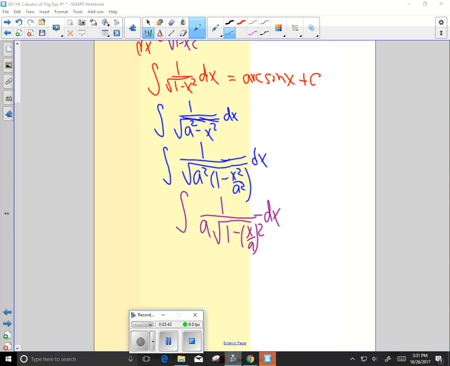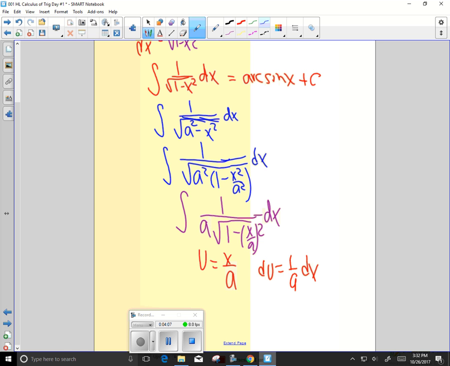Now I'm going to do a u sub with this. I'm going to say that u is equal to x over a. See how that x over a? And then the derivative of u, 1 over a is a constant, times 1 dx.